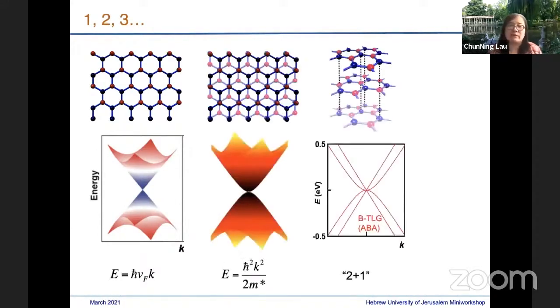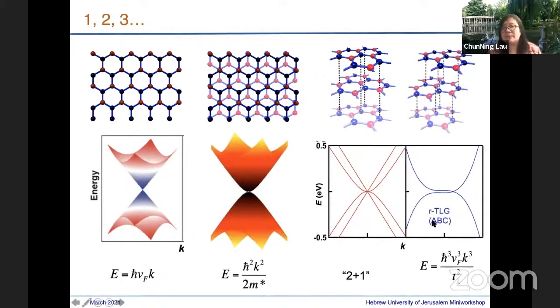Trilayer graphene actually has two different stacking orders: the so-called ABA or Bernal stacking, and also ABC rhombohedral stacking, and they have very different dispersion. We have also done work on ABC stacked few-layer graphene, but that's not the focus of my talk today.